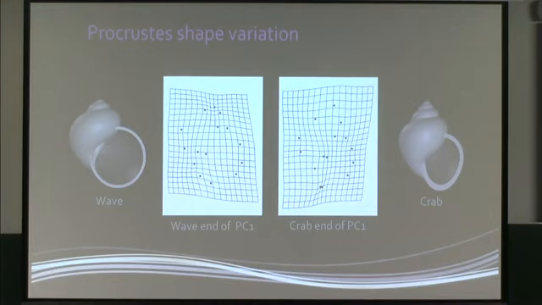So this would be at the wave end of PC1 and crab end of PC2. And yeah, these ones are just the ones that I showed earlier. So intuitively, it seems like a good idea to have these to understand how they are different.